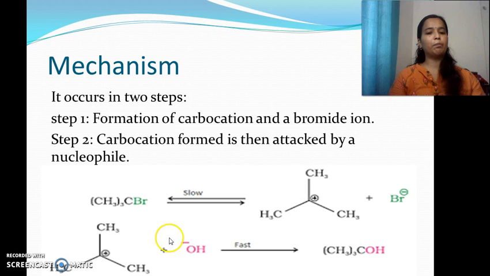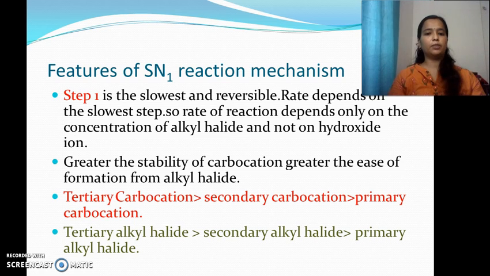It does not depend on the concentration of the nucleophile. That is why this mechanism is called substitution nucleophilic unimolecular. So SN1 mechanism is substitution nucleophilic unimolecular. The rate only depends on the concentration of one of the reactants.